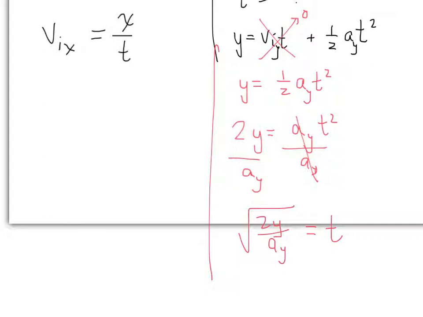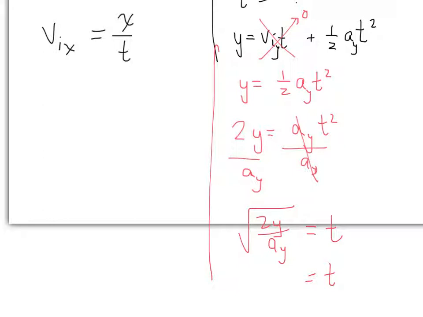So take 2 times the negative 300. Divide that by negative 9.81. And take the square root of that to give us the time it takes Tom Cruise to hit the water. Again, 2 times negative 300 over negative 9.81 under the square root. 61.2.